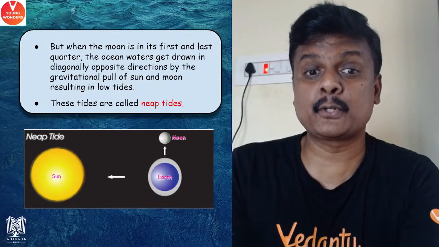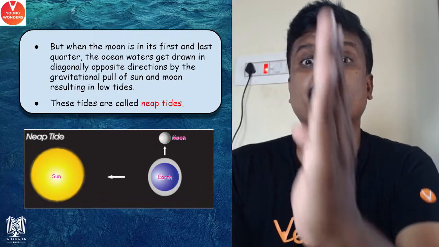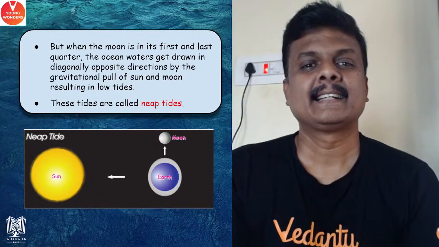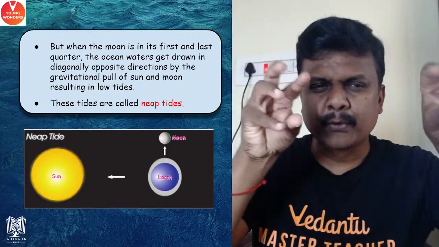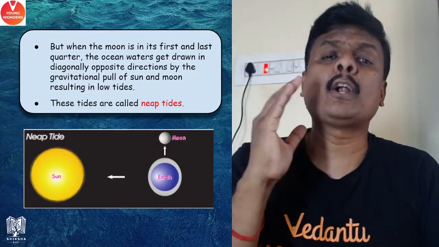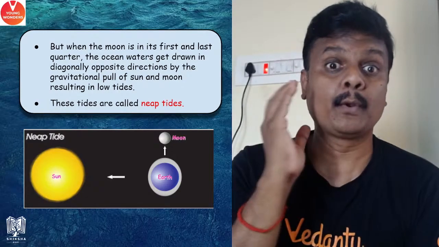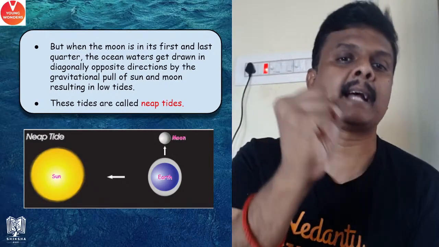Because look at the position of the moon, it's a little different, correct? So when the moon is in the first and the last quarter, those few days, generally it will not be high tides. Only during full moon and new moon days, it is high tide.